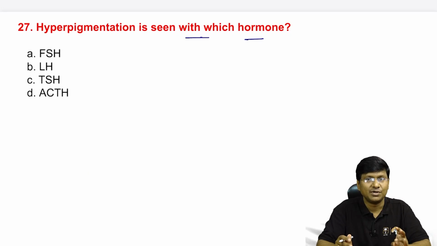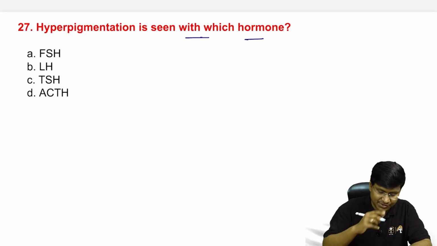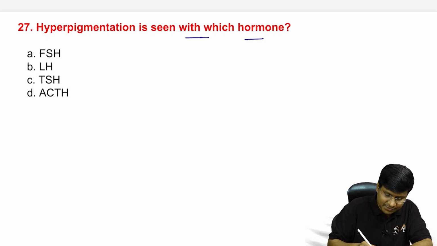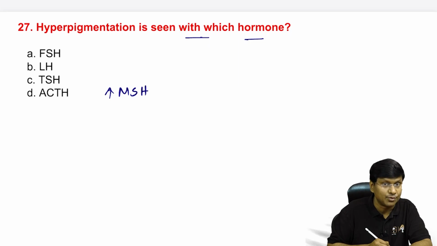Follicle stimulating hormone, luteinizing hormone, thyroid stimulating hormone, or ACTH. The hyperpigmentation is mainly because of an increase in the release of melanocyte stimulating hormone.